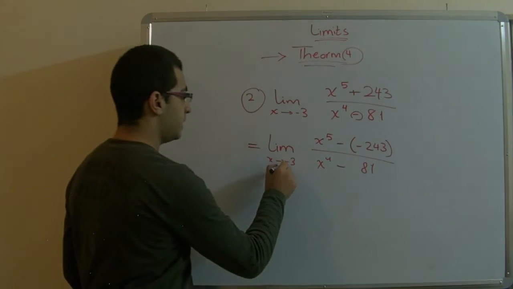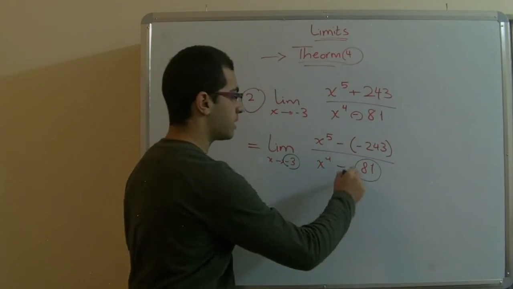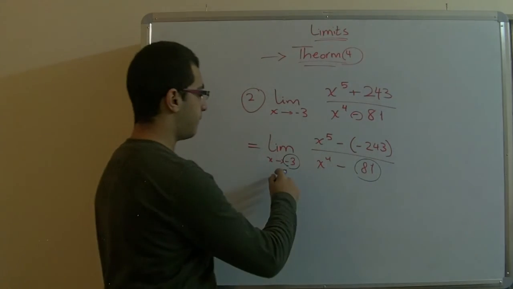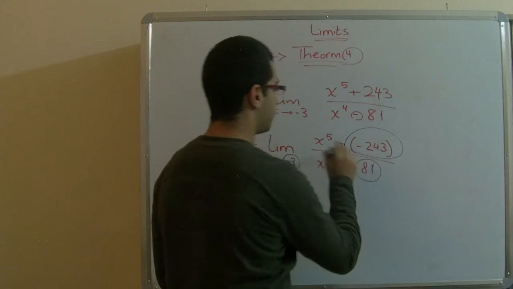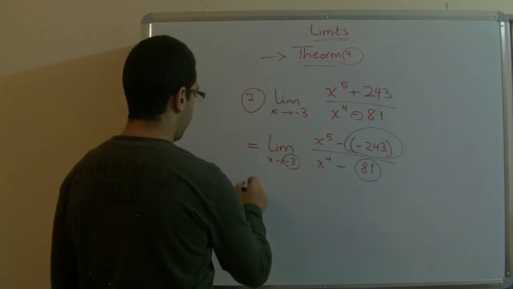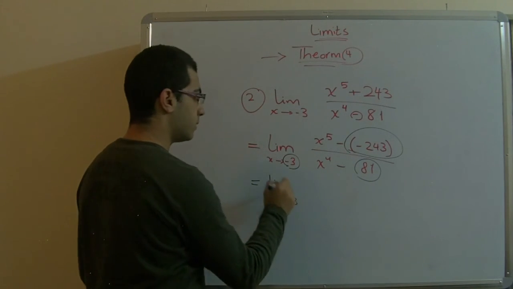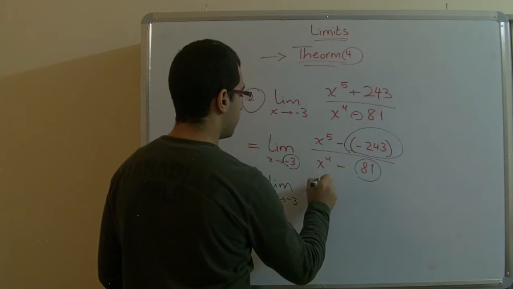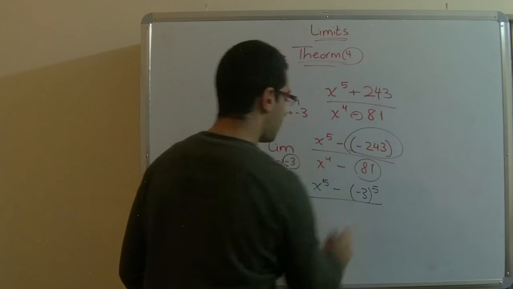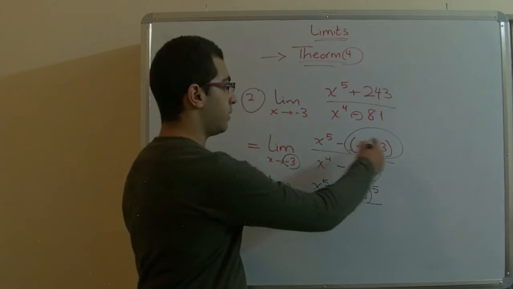We said that when a negative value has an even exponent, the value will be positive. And when the same negative value has an odd exponent, the value will be negative. So this is our trick here. We have the limit as x approaches negative 3. We have x to the power 5 minus negative 3 to the power 5, because negative 3 to the power 5 gives us negative 243.